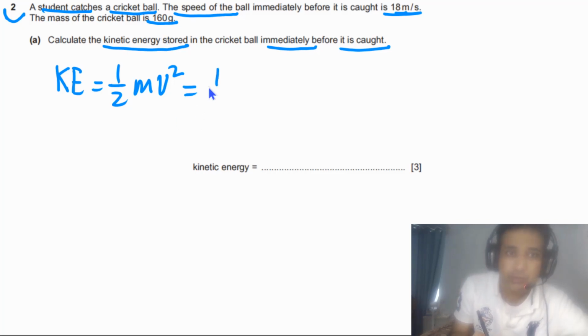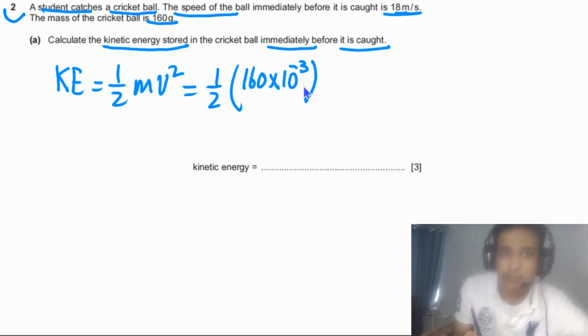So we can write here, we have 1/2 and mass is 160 grams. So we need to convert this into kilograms, so we have to multiply by 10 to the minus 3. So we can convert this into kg. And the speed is given in meters per second, so this is 18 squared.